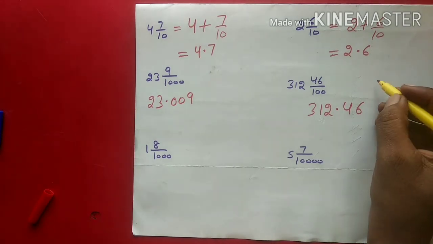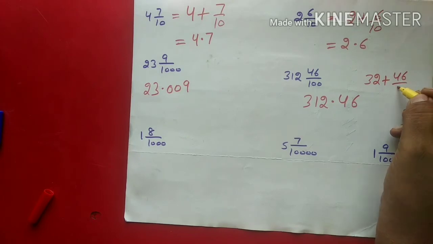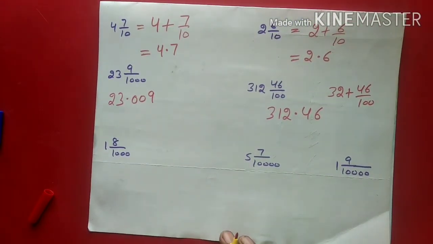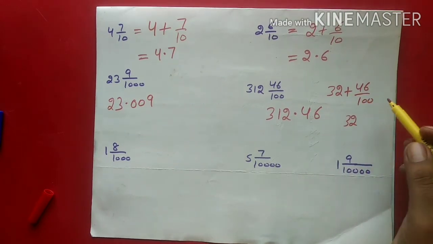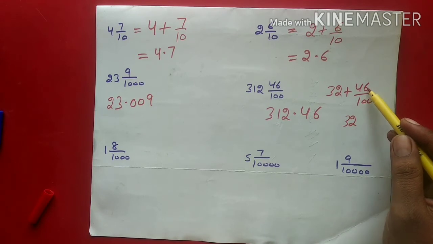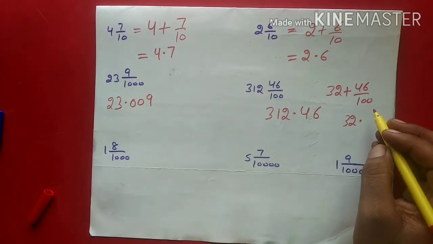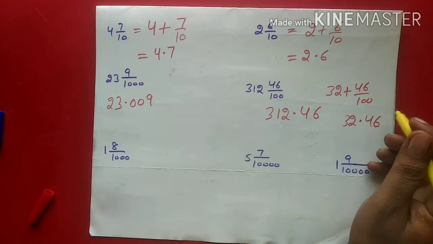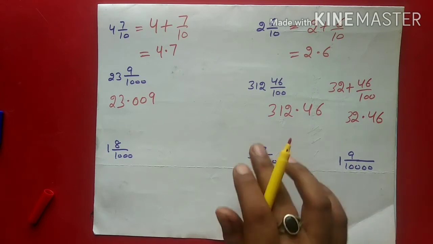If you have any confusion, then I can solve it like this, that you may see 32 plus 46 over 100. Okay, now you know that 32 is the number and 46 is a decimal fraction. So how will you convert this decimal fraction to the decimal? So you will write decimal, and after decimal there should be 2 digits, but already there are 2 digits, so you will write 46. Okay student, now I hope you understand both the tricks.